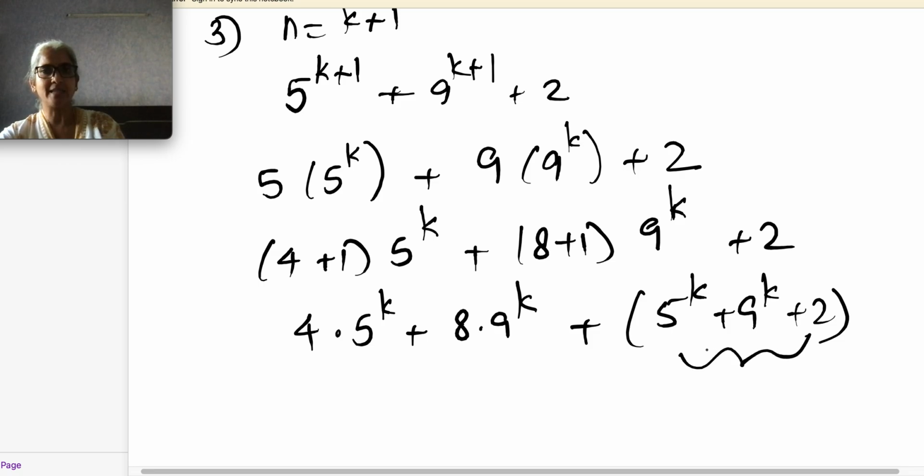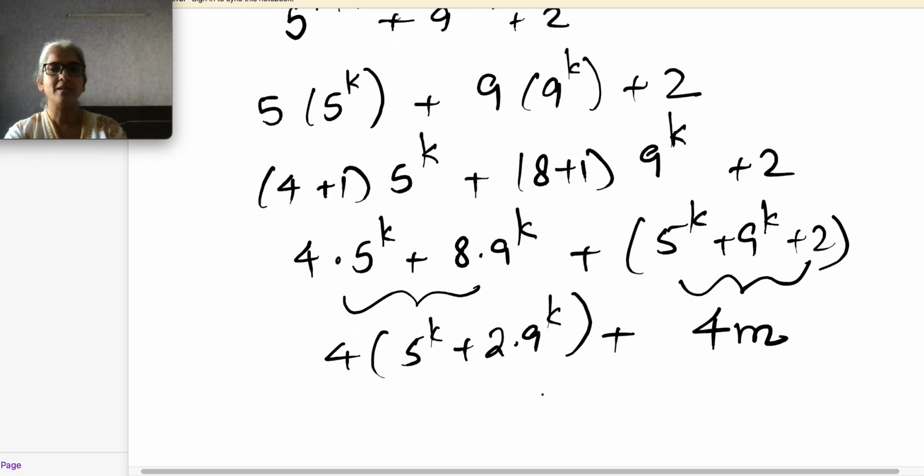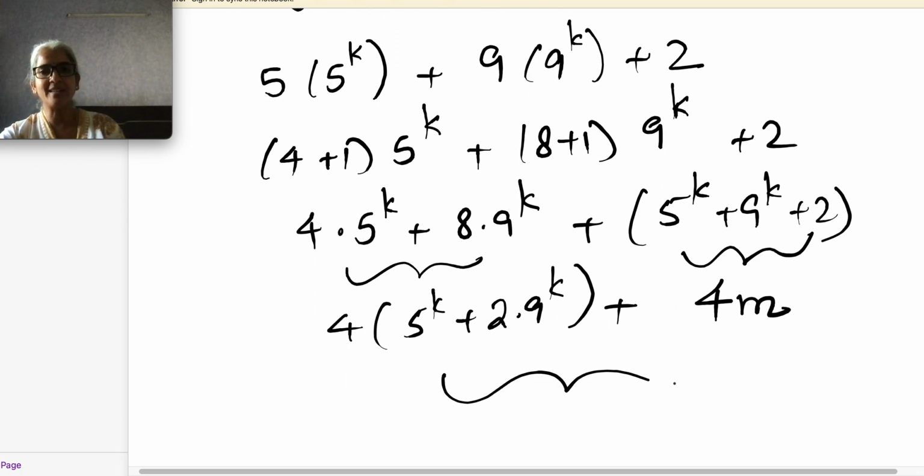Now this, if you recognize from our previous assumption, 5 raised to k plus 9 raised to k plus 2, we assume that is divisible by 4 and therefore is an integer multiple of 4. And if you look at this expression, this is definitely divisible by 4 because I am able to take 4 common. So together this entire thing is divisible by 4.